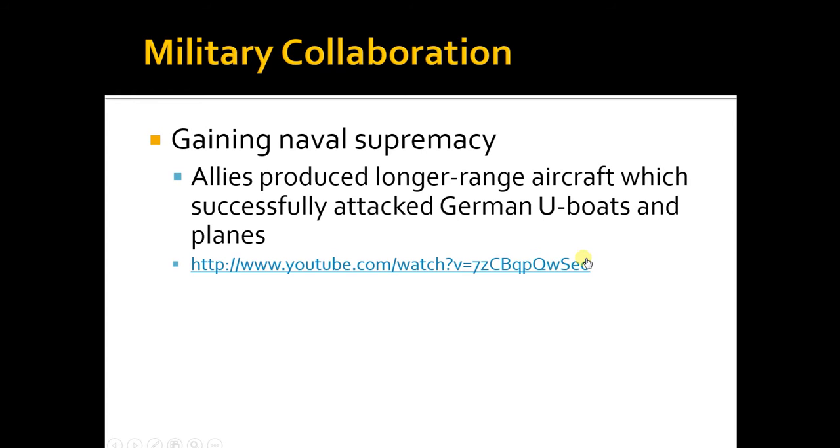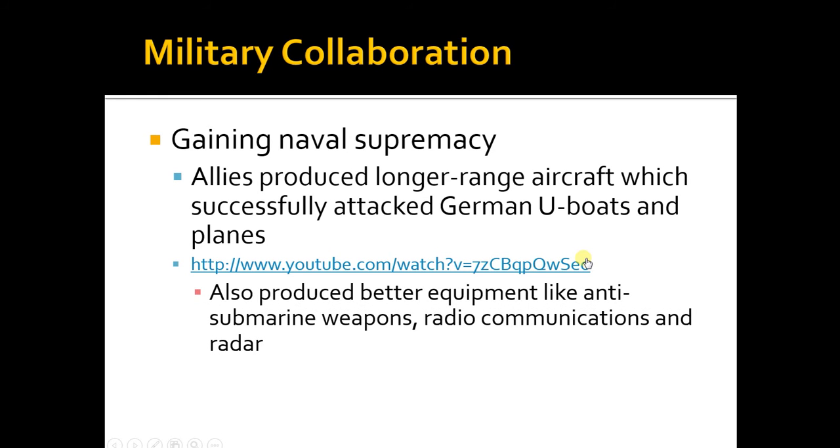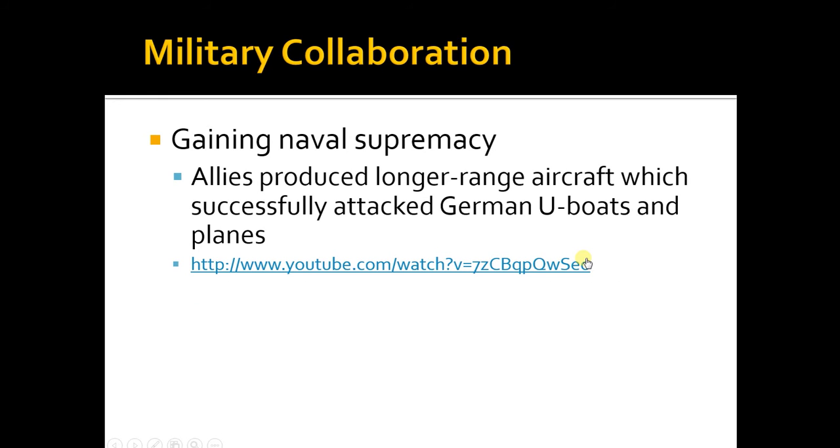Okay, and so the Allies were therefore able to produce longer range aircraft which successfully attacked German U-boats and planes as well. So having control of the sea was very important as well, because these helped them to attack German U-boats and really clear the way, which eventually led to more military collaboration, which resulted in the D-Day landings, which we'll talk about later on.